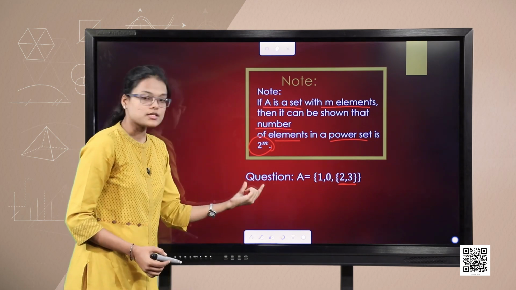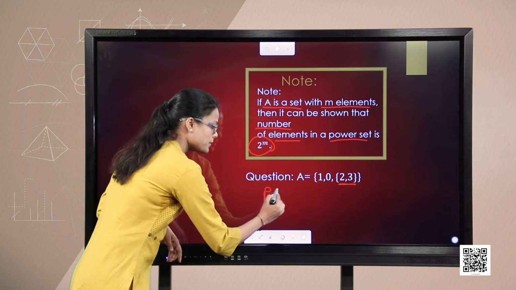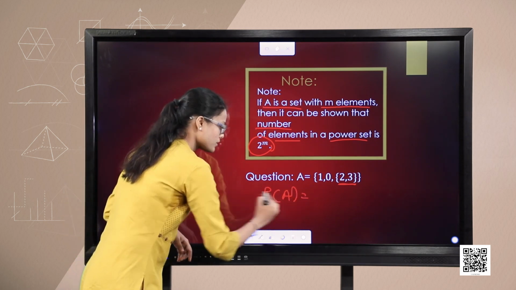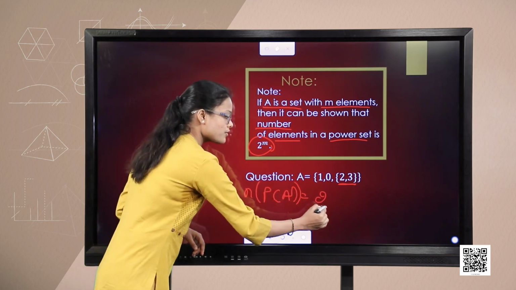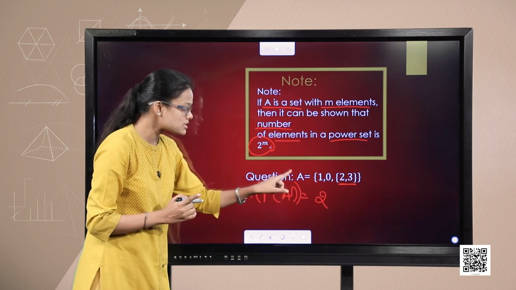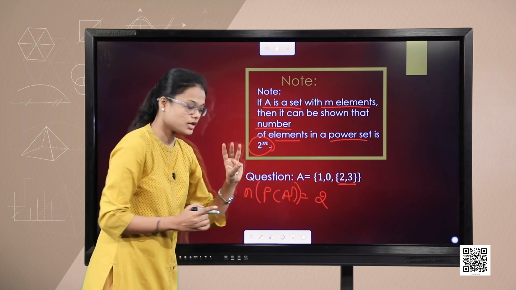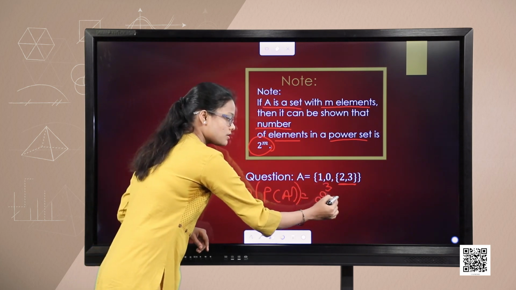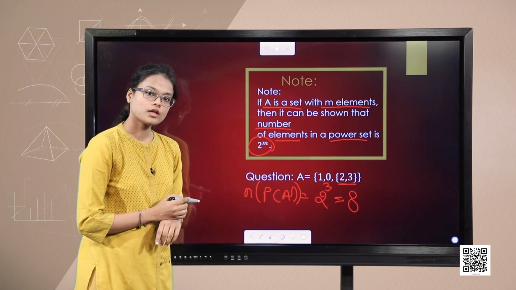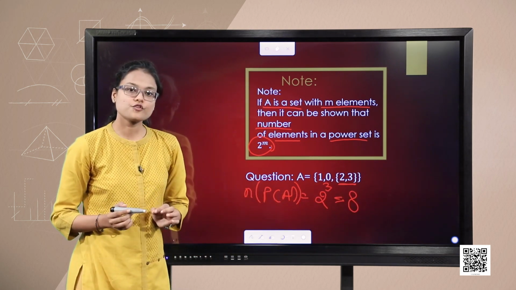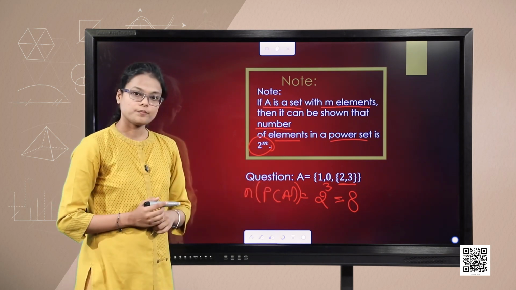So, how many elements will be there in its power set? The number of elements in its power set is 2 raised to power the number of elements in the set A. How many elements are there? 3. So, 2 raised to power 3, which gives us 8. Okay? Now, this is an exercise for you to find all the subsets of the set A.